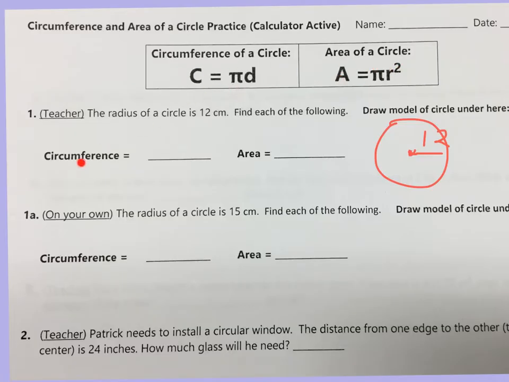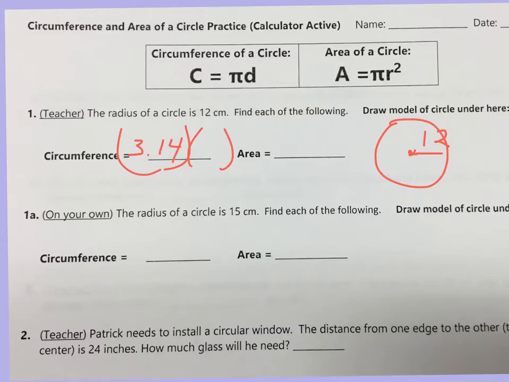The first one I'm going to find is the circumference of this circle. So I need the diameter and pi. I know that pi is 3.14, so I'm going to go ahead and write that. So circumference is pi times my diameter. We're given the radius, because that's halfway, so all the way across would be 12 plus 12.